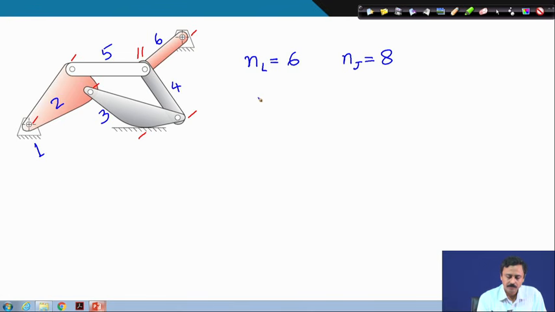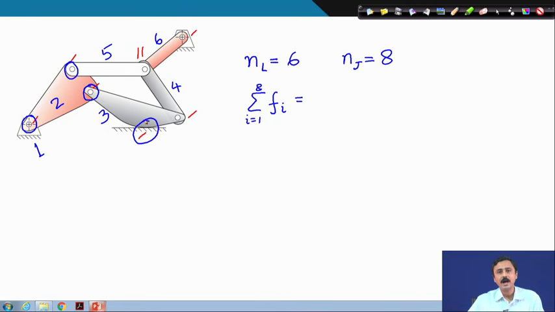Now, we have to count the degree of freedom of individual kinematic pairs and sum them up. This kinematic pair has 1 degree of freedom, 2, 3. Now, this kinematic pair is a higher pair, as you can see, there is a point contact.